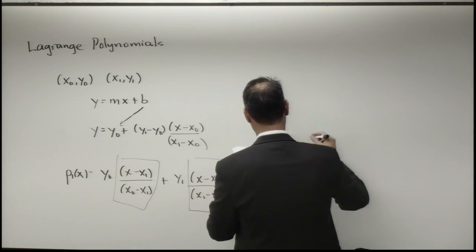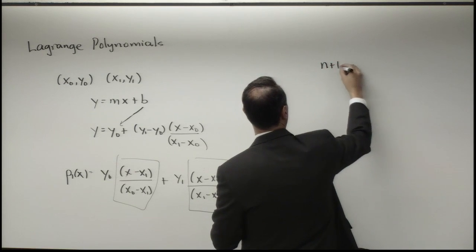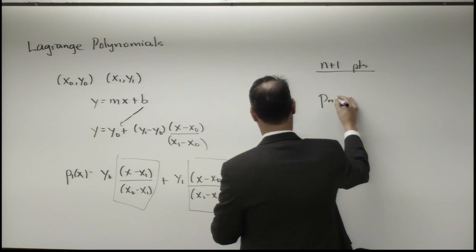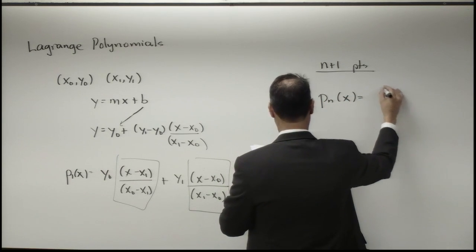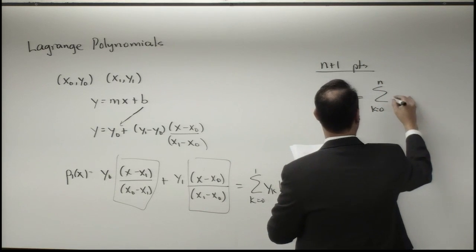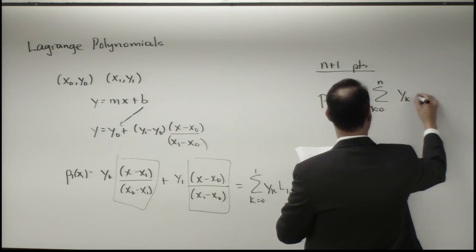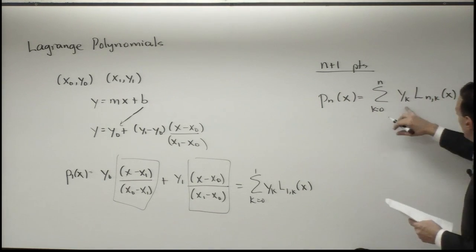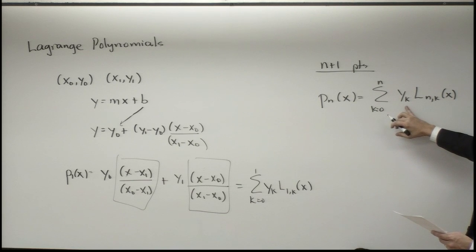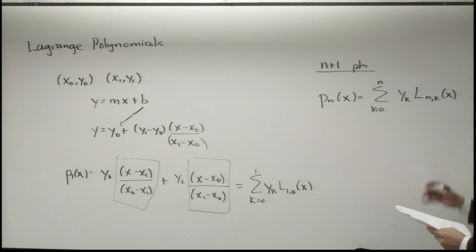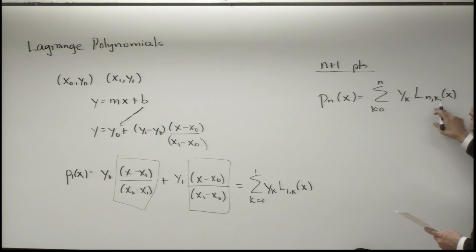Now if I'm going to fit it through the n plus 1 points, and what I want to do is fit an nth degree polynomial, I'm going to write it as the sum from 0 to n of the y of k's, l_n,k of x. So here are my y values of the data. Here are my Lagrange polynomial coefficients. And the question is, how do I make these up?